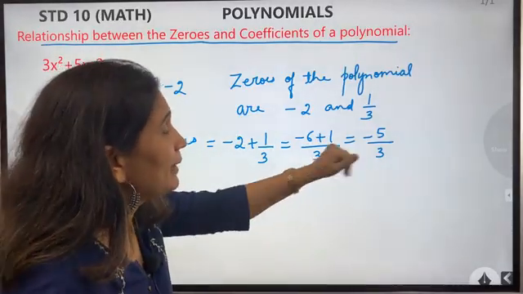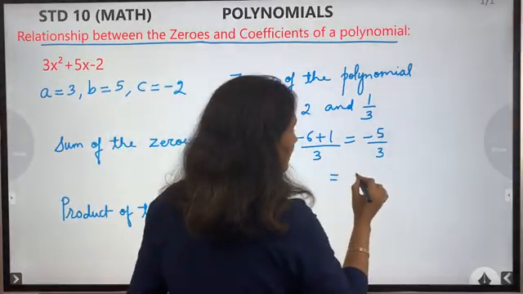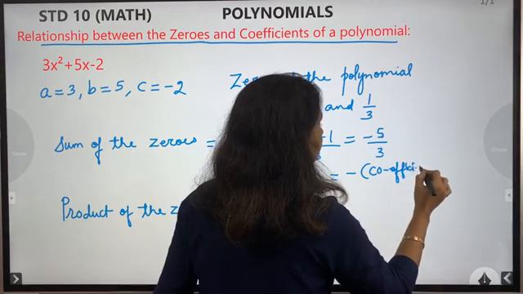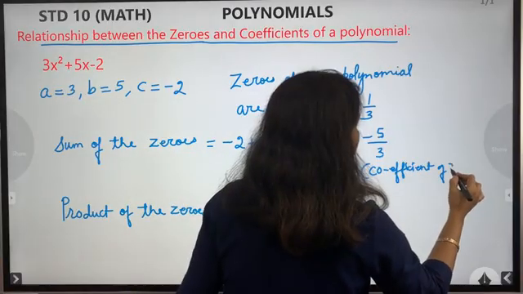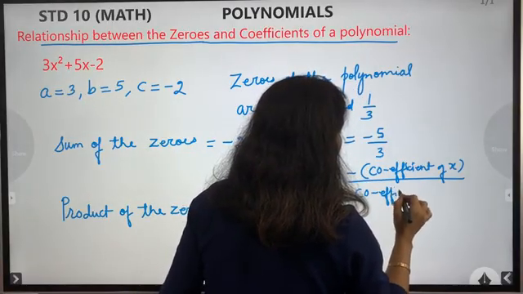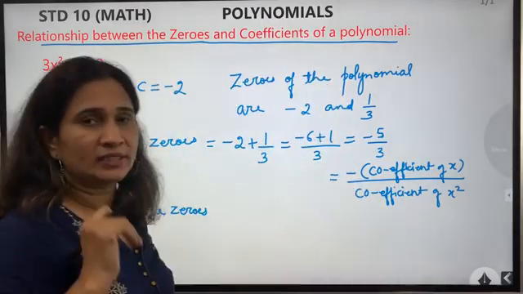But you will say, ma'am, that 5 has a minus sign. No worries. How do we write? So we will write minus coefficient of x and whole divided by coefficient of x square. Hopefully this is understood.